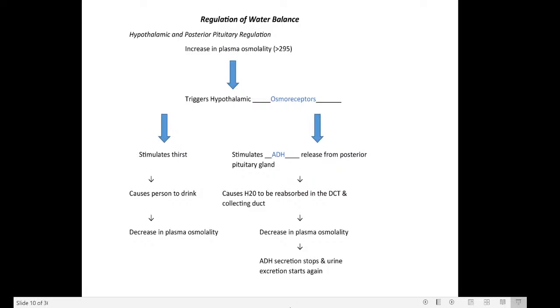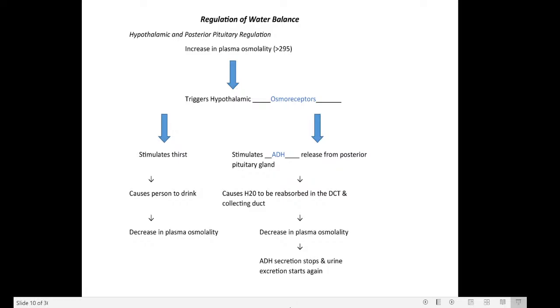This is the balancing. The first step is an increase in plasma osmolarity. That happens in the hypothalamus, meaning hypothalamic osmoreceptors make a signal. One way, it makes thirst, and it makes a person drink water. Here the key is the osmoreceptor.